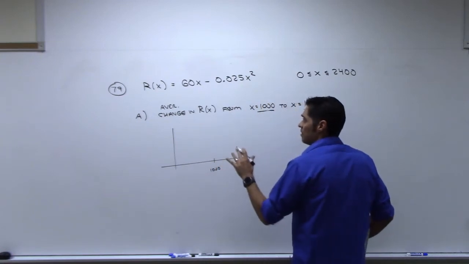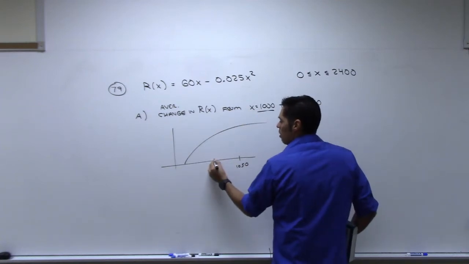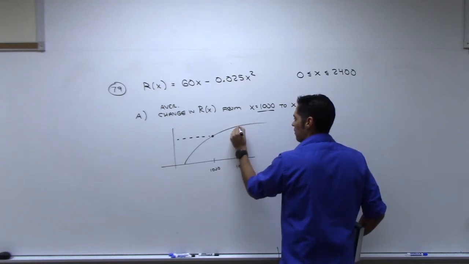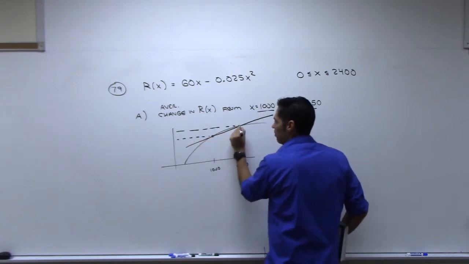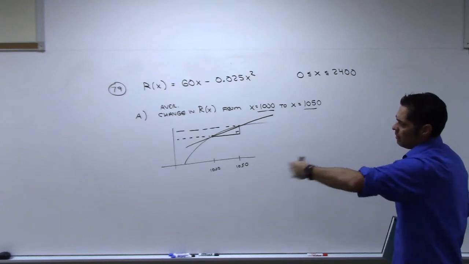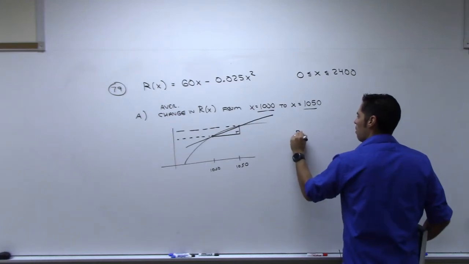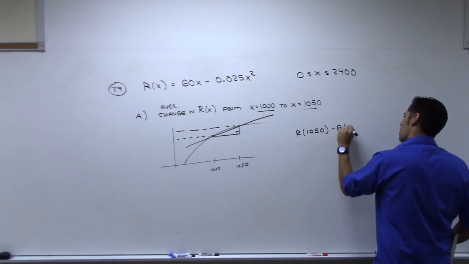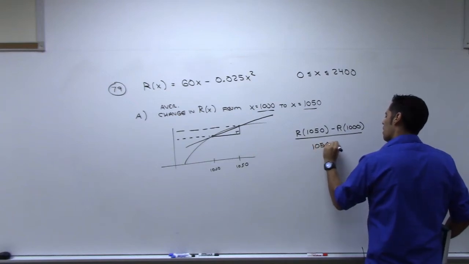So what we're saying is that this revenue function, whatever it does, at 1,000 it has some value, some y coordinate, and then at 1,050 it has some other y coordinate, and we're trying to find the slope of this secant line. So we're going to do a little rise over run again, and it's going to be the difference in the y coordinates over the difference in the x coordinates, which will be R of 1050 minus R of 1,000 over 1050 minus 1,000.